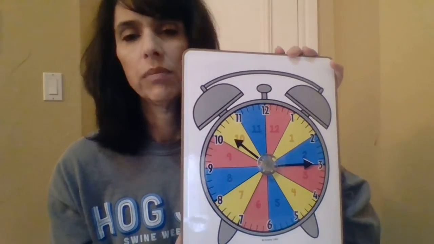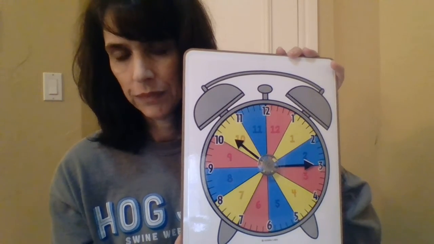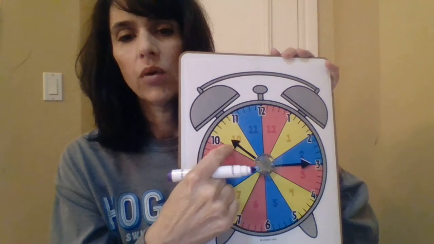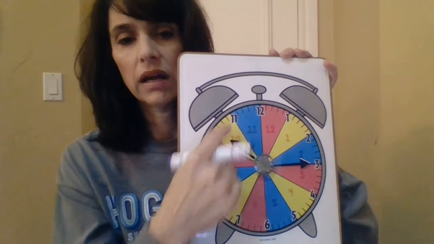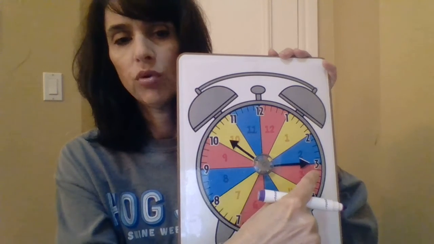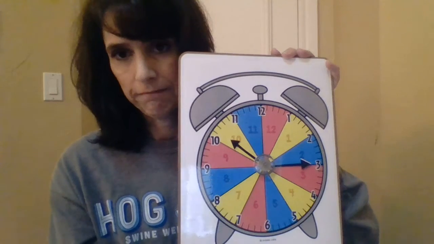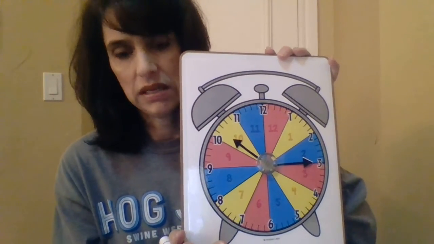Not a whole lot of people talk about time in the quarter hour. Okay? So we're going to look and go, oh, well, the hour is 10 because it's in the 10 o'clock hour, and my minute hand is pointing to the 3, which means 15. So this is 10:15.